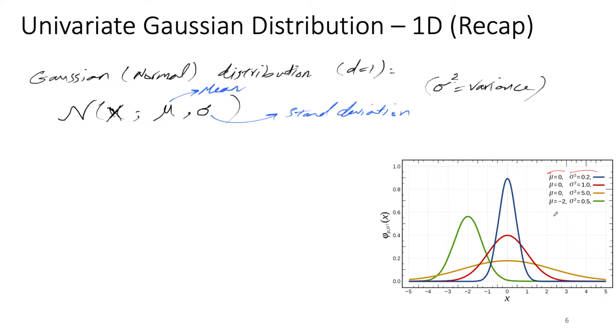So we can define a Gaussian or normal distribution in one-dimensional space by a random variable x, and we define it by this N form, representing normal shape, by these 2 hyperparameters. The first one is mu, which represents the mean of this distribution, and the second one is the standard deviation.